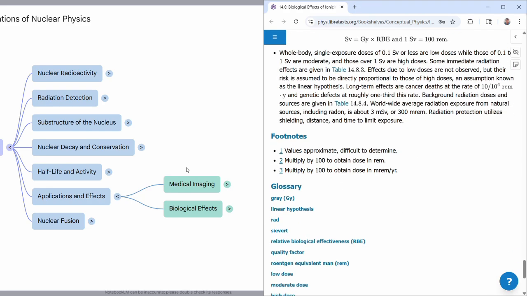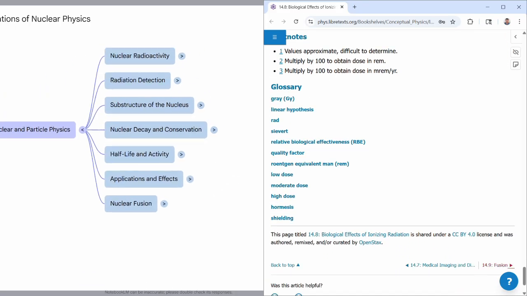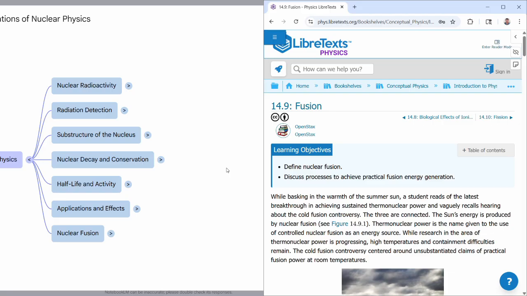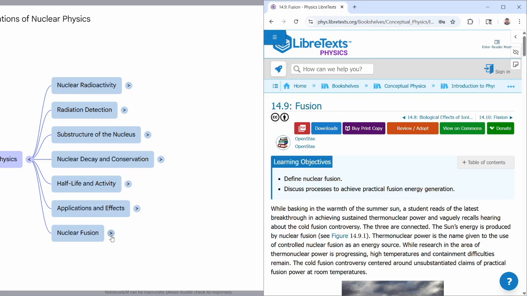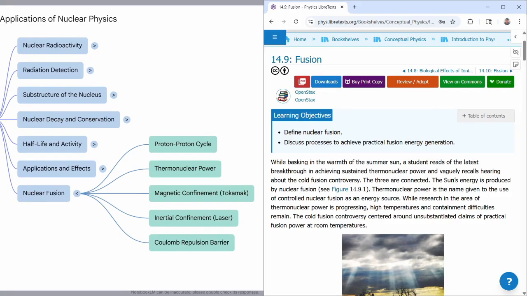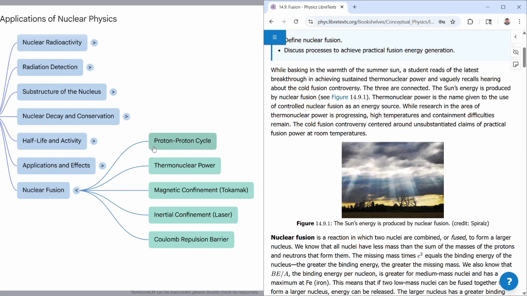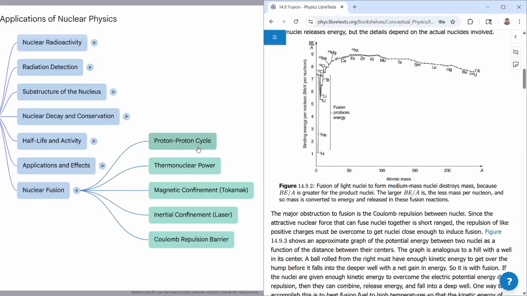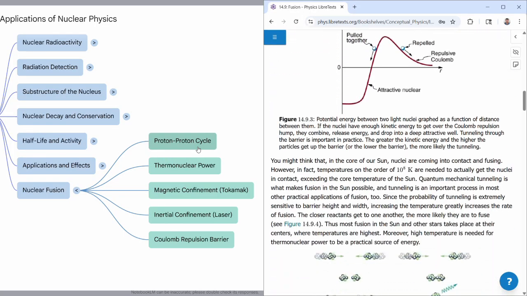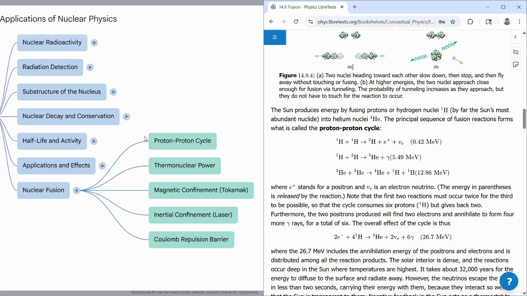Now, in the lectures, we'll cover nuclear fission before fusion, but since nuclear fusion is here, also in section 14.9, let's look at that first. So when you look at nuclear fusion, there's kind of a chain of processes that'll fuse hydrogen into helium. And in that process, some of the protons turn into neutrons and all that. So that's the proton-proton cycle.